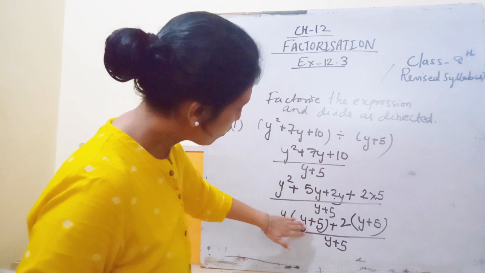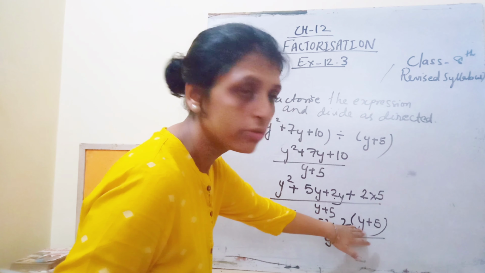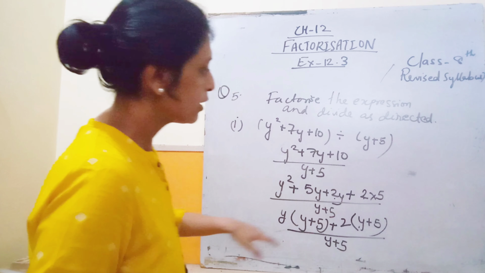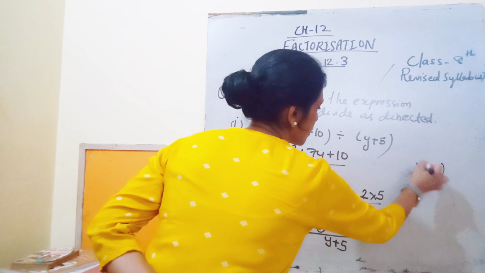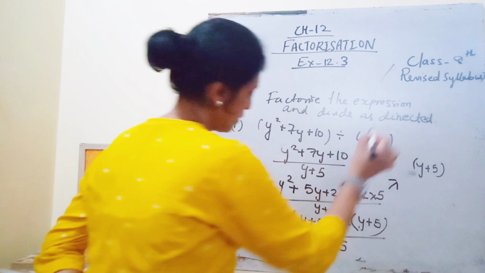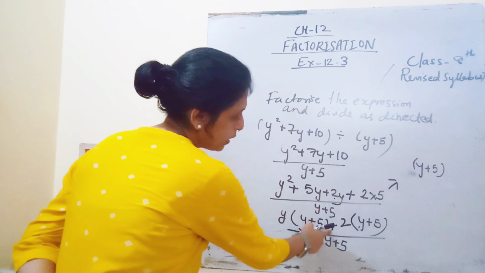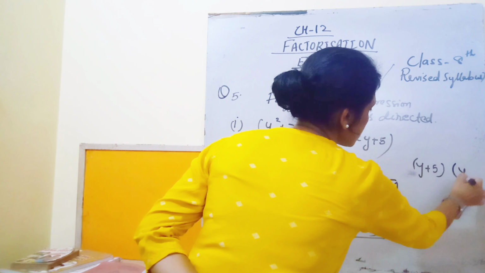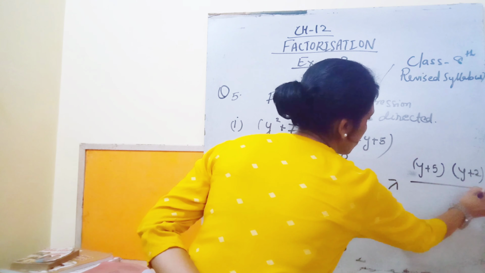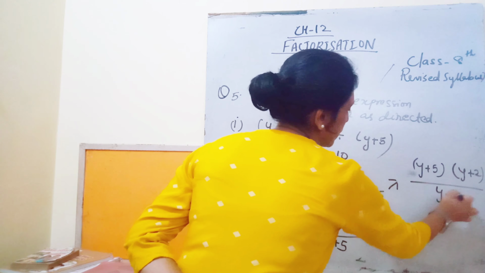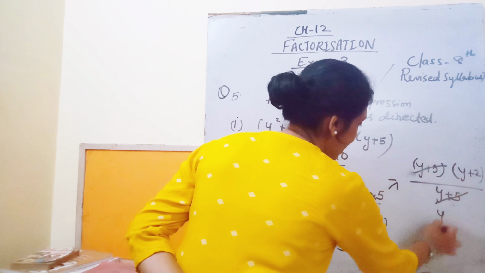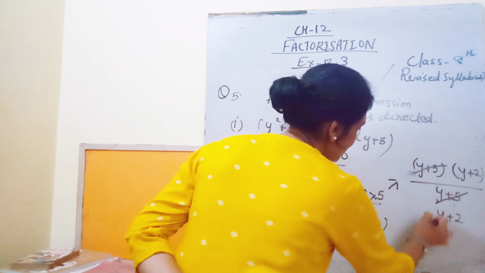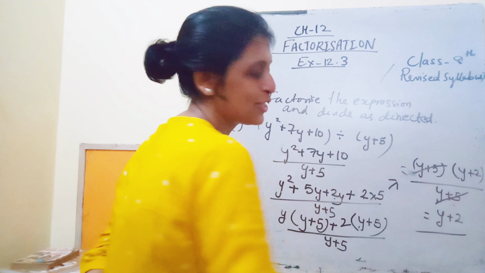Now y plus 5 is common to both the terms, so I can take y plus 5 as common and we are left with y plus 2, upon y plus 5. This y plus 5 and this y plus 5 will get cancelled and we get the solution as y plus 2.